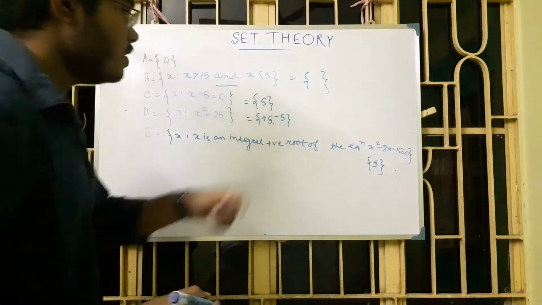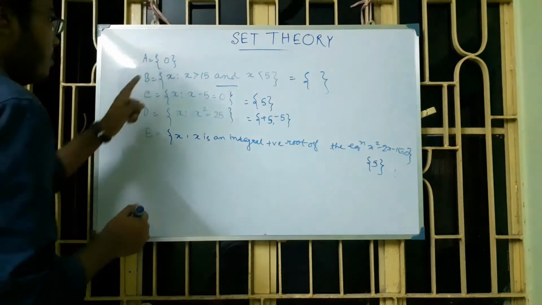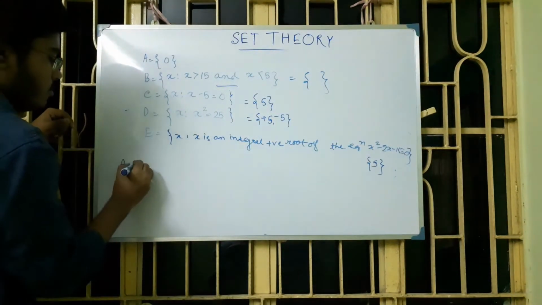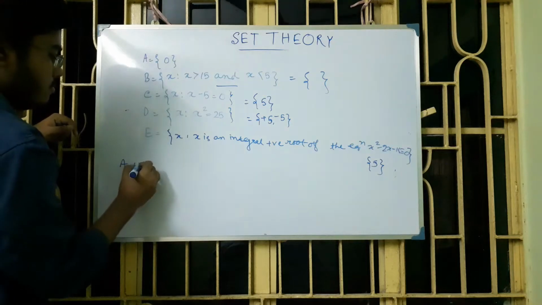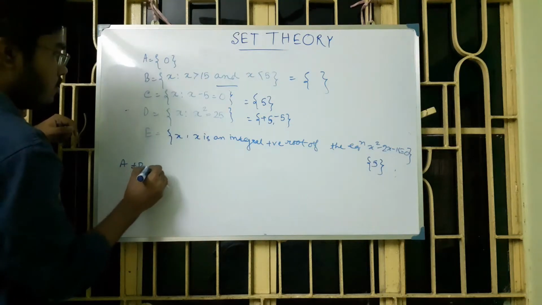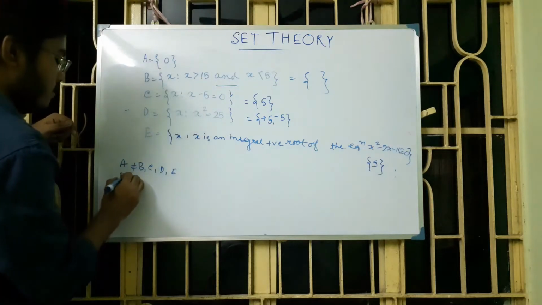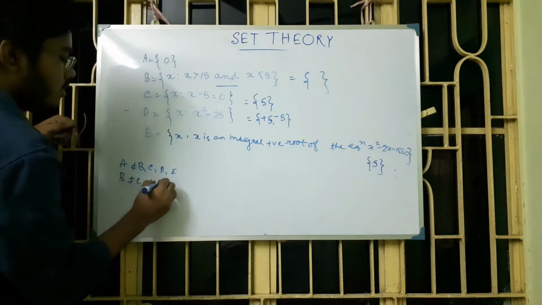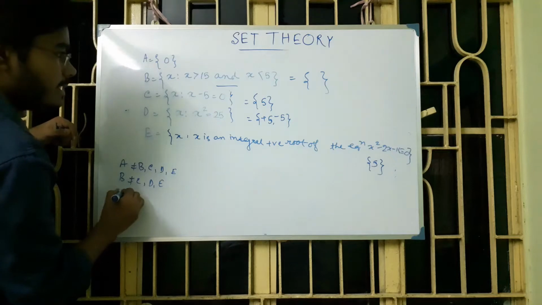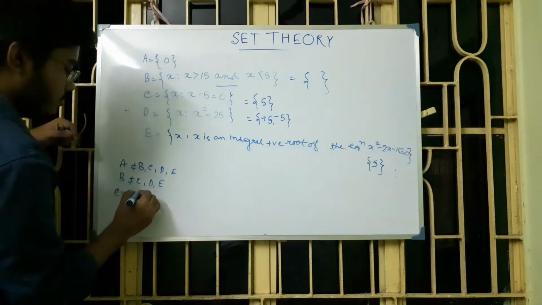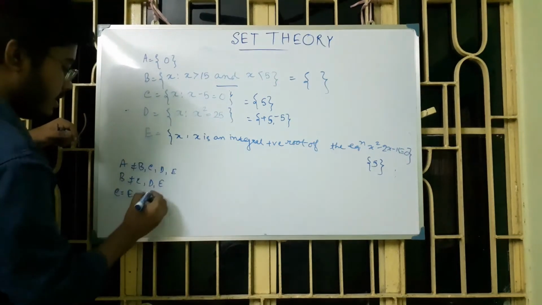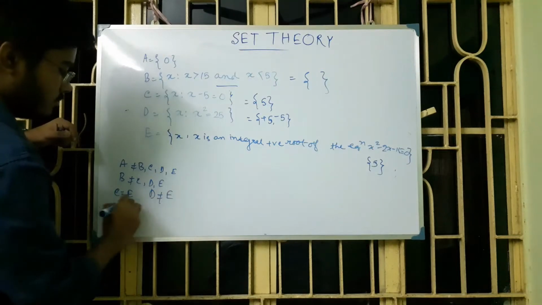They are saying only the positive root, so that means 5. So A is not equal to B, C, D, E, and B is not equal to any of C, D, E, but C is equal to E, and D is not equal to the others.